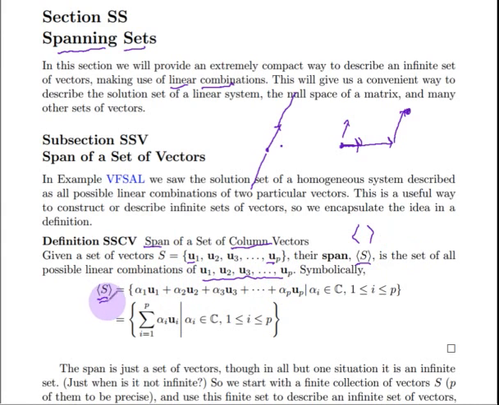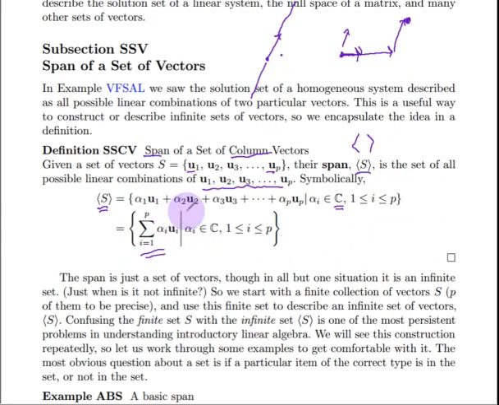The span of S is equal to alpha 1 u1 plus alpha 2 u2 plus dot dot dot plus alpha p up, where the alphas are constants. Again, here he says complex constants, but typically we consider real constants. And so each vector has a constant, and you add them all together, and you can write it this way using summation notation.